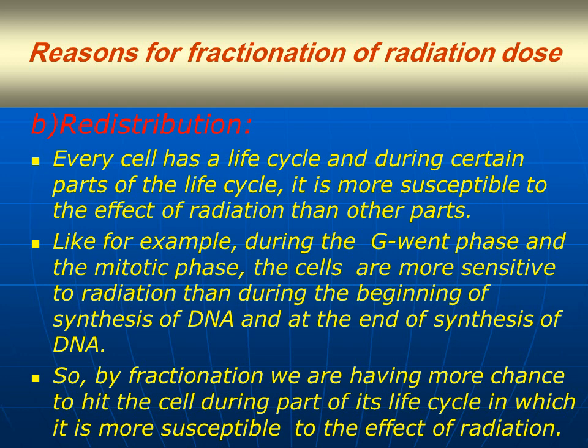For example, during the G1 phase and the mitotic phase, the cells are more sensitive to radiation than during the beginning and at the end of synthesis of the DNA. So, by fractionation, we have more chance to hit the cell during the part of its cycle in which it is more susceptible to the effect of radiation.